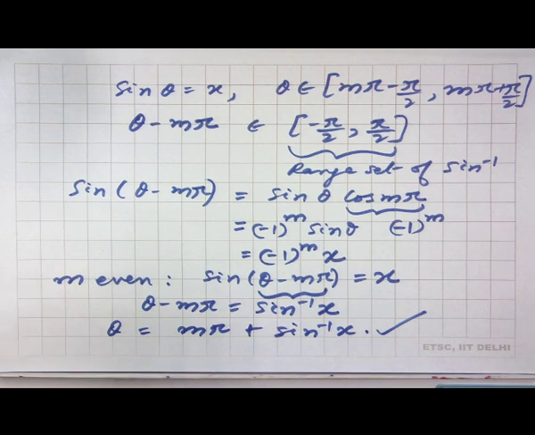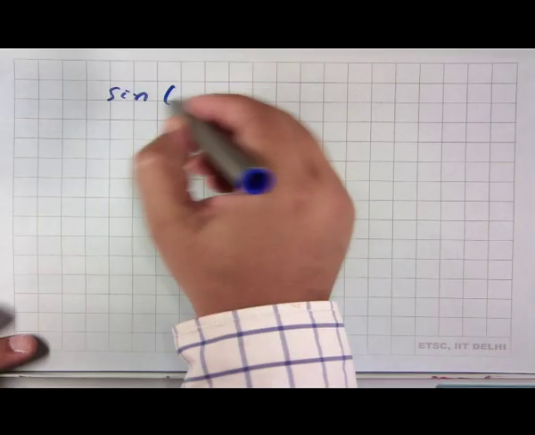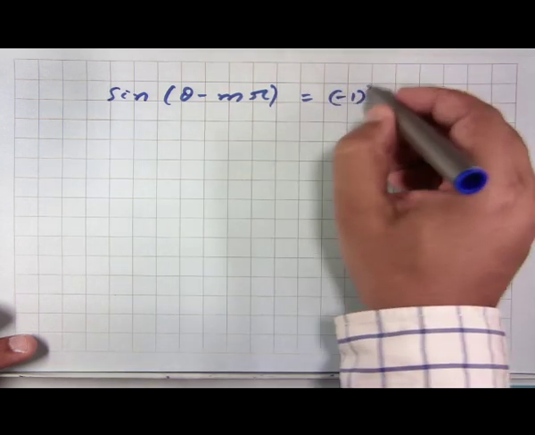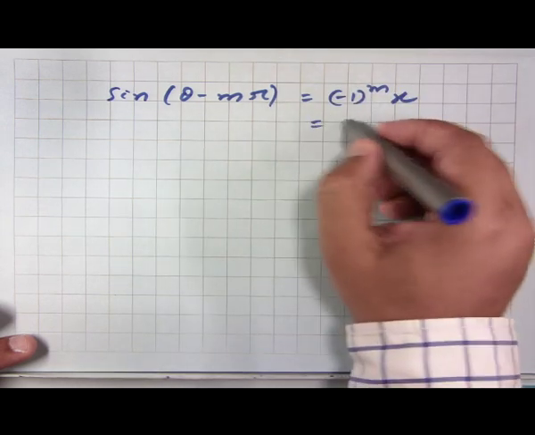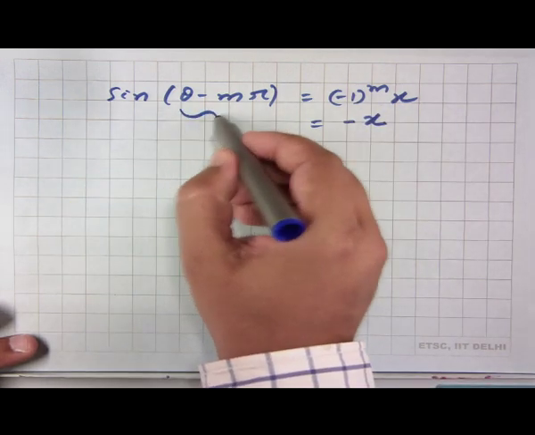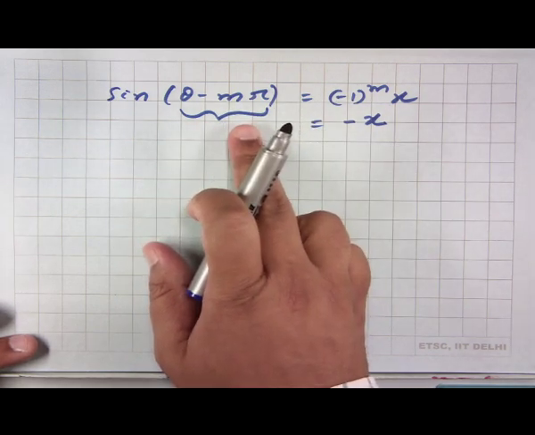And then for the case of odd m, it is going to be similar. For odd m, what we see is that sine of theta minus m pi equal to (-1)^m times x is simply minus x, and we already know that theta minus m pi belongs to the range set of sine inverse.